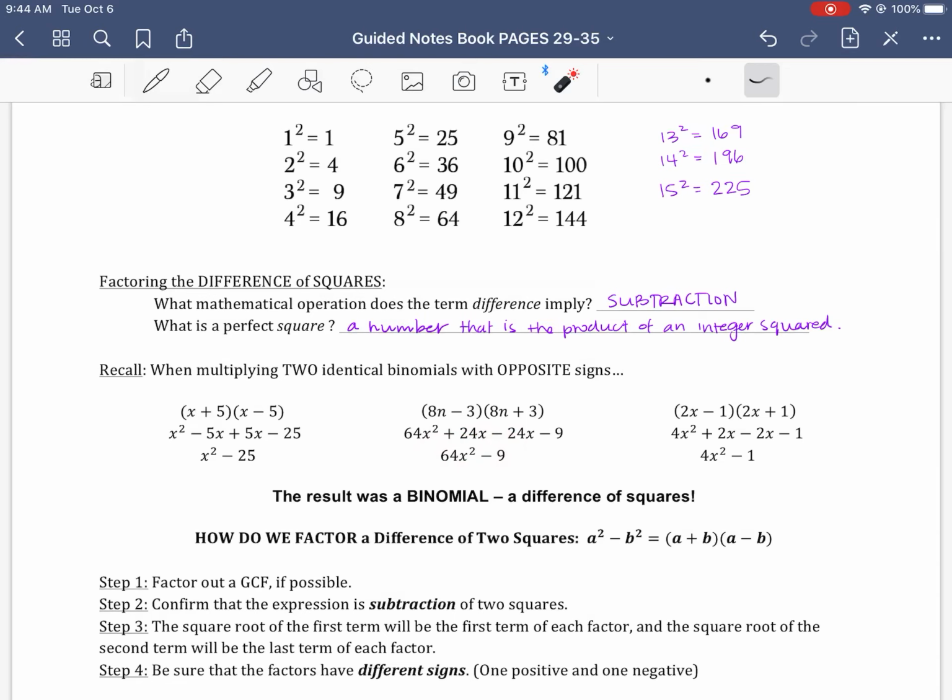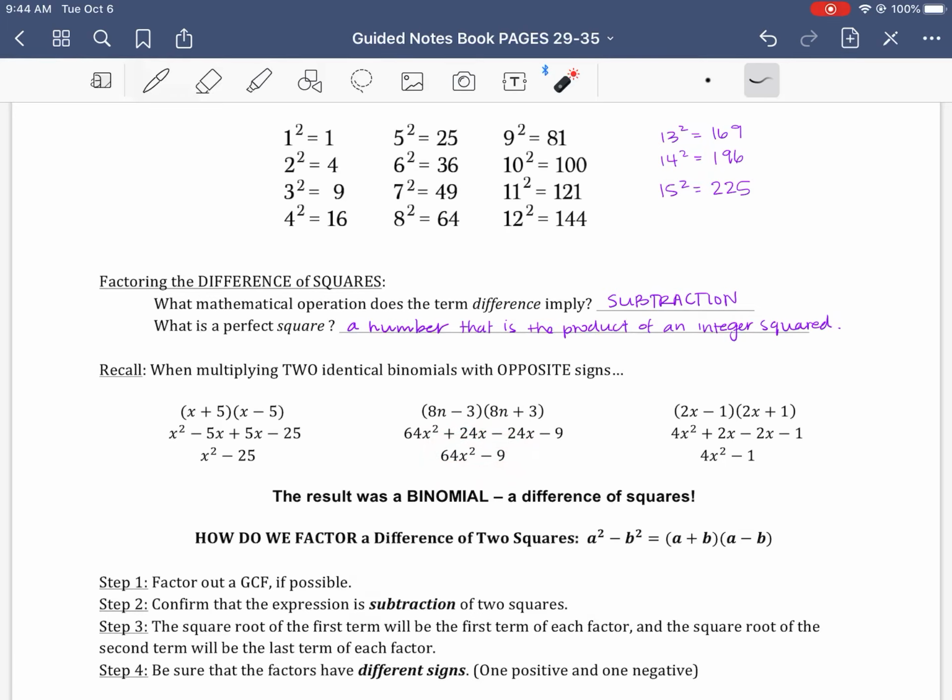So the binomial that you see here is what we call a difference of squares. Notice this 64 is a perfect square. Its square root is 8. 9 is a perfect square. Its square root is 3. So we look for that subtraction sign, and this is what we would call a difference of squares.